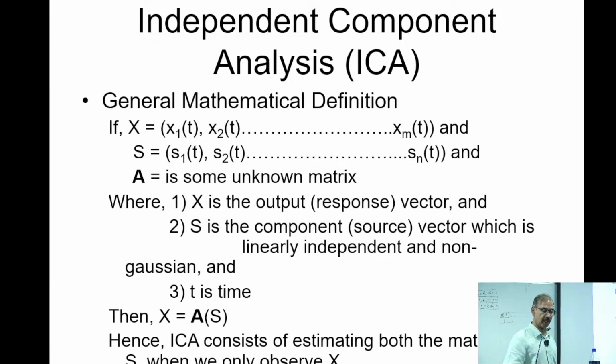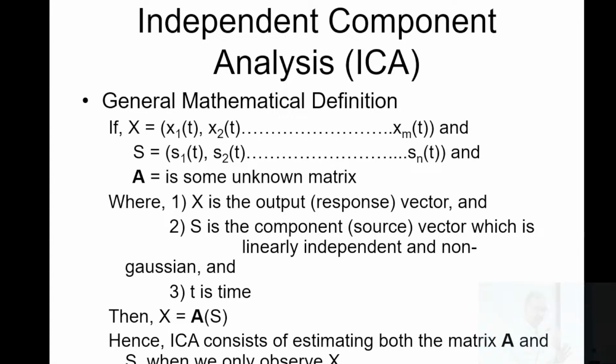Like before, you can write it as X given by this, where this is the signal and this is the unknown matrix that we have to find. We don't know what the input is. We only know the output. We also don't know what the mixing matrix is.